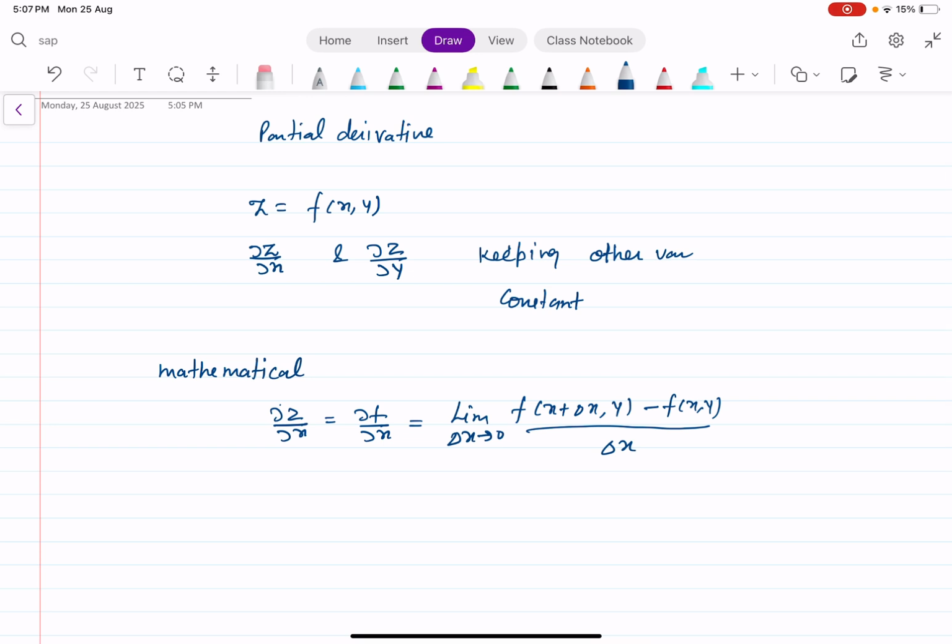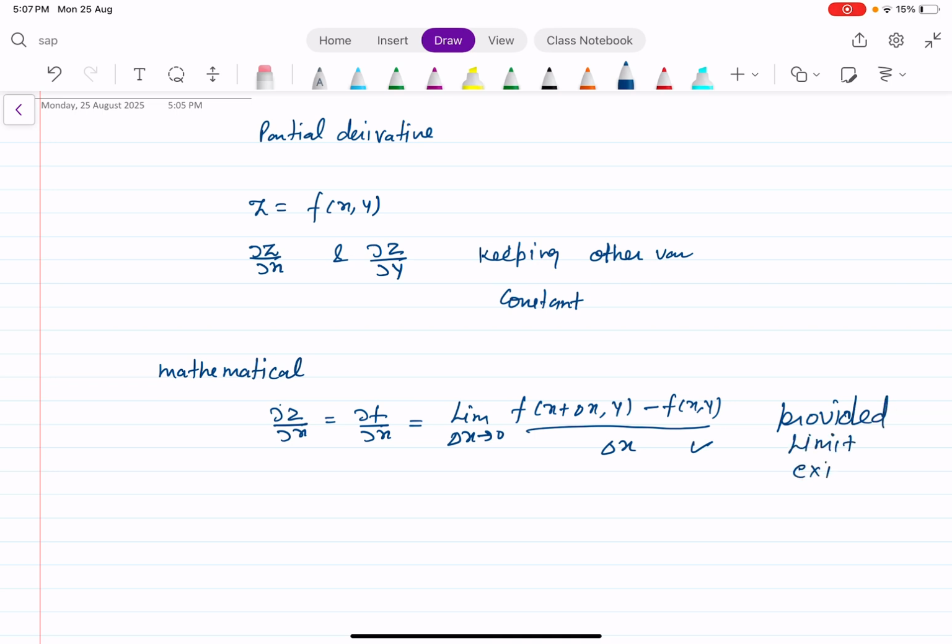So we will say this value is the partial derivative of the function z, but it is a partial derivative only whenever the limit exists.